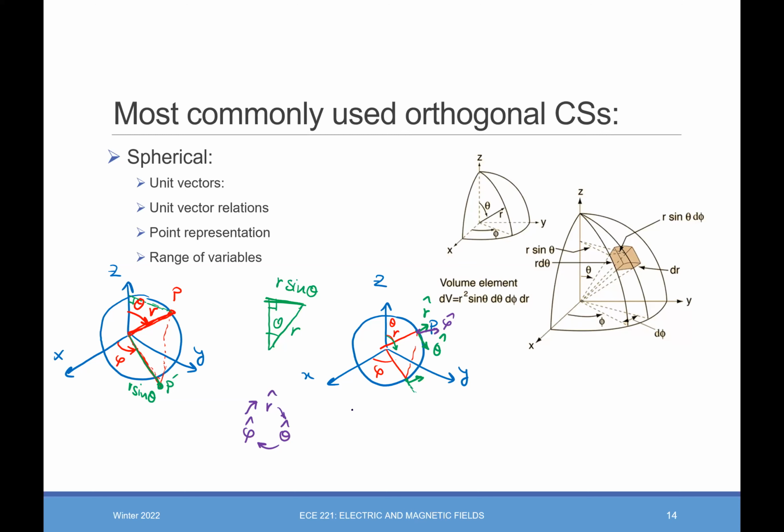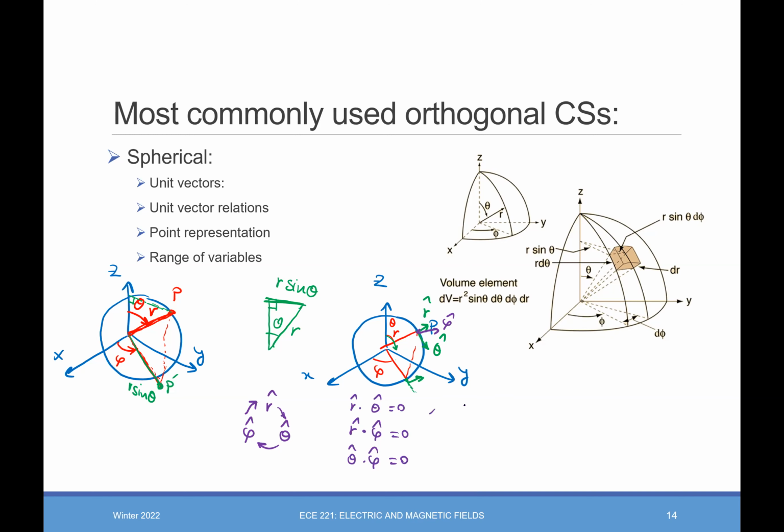Just like other orthogonal coordinate systems, r hat dot theta hat is 0, r hat dot phi hat is 0, theta hat dot phi hat is 0.